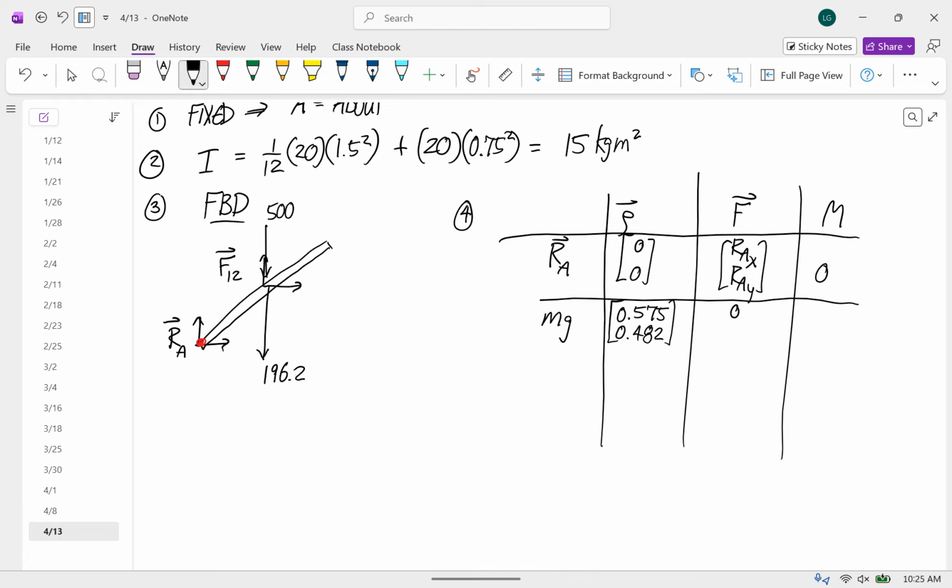Force vector is 0, negative 196.2. So that's negative 112.82.